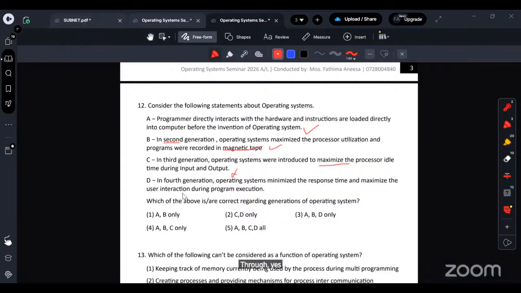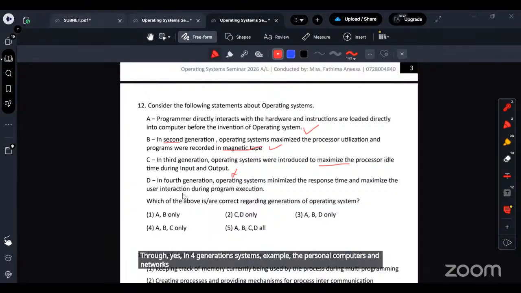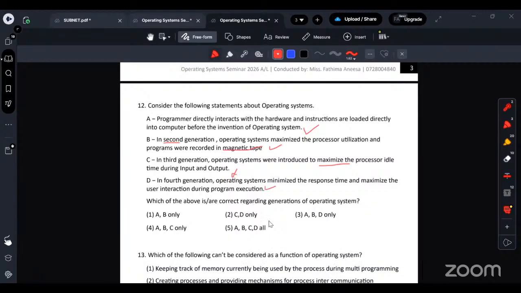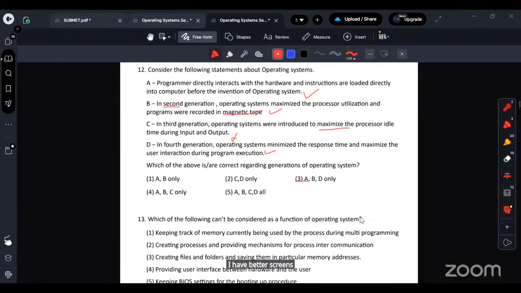Fourth generation systems, for example personal computers and networks, focus on minimizing response time and maximizing user interaction. So the answer is A, B, and D, option number 3. I hope that was clear about generations of computer operating systems.